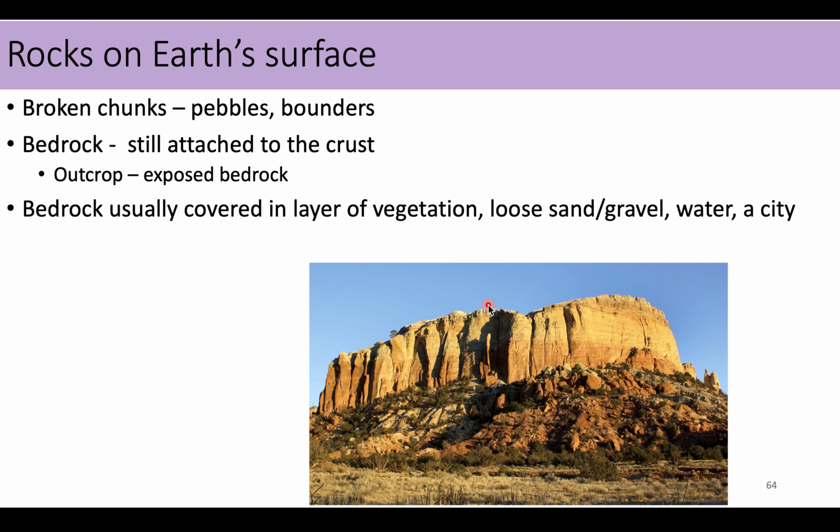This is where we have exposed bedrock. This rock is still fully attached to the crust, unlike these pieces that have fallen and rolled down. They're not connected anymore to the crust itself. This rock is an exposed piece of our bedrock.